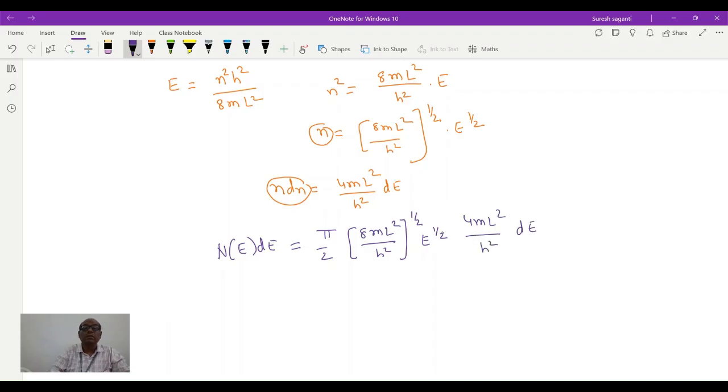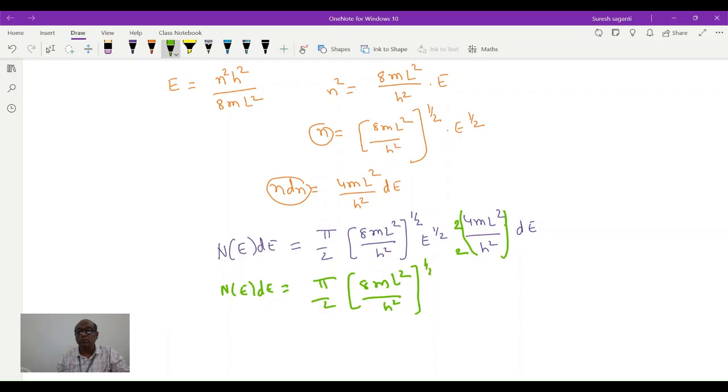So further, dividing and multiplying this expression with 2, what happens? It becomes equivalent to n of E dE is equal to pi by 2 into 8 m l square by h square whole power 1 by 2.